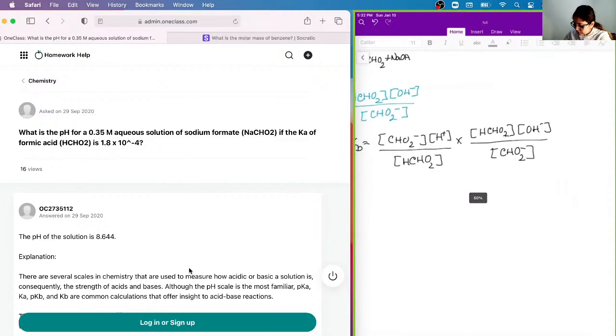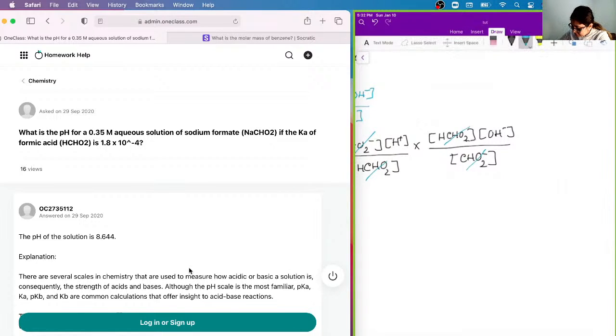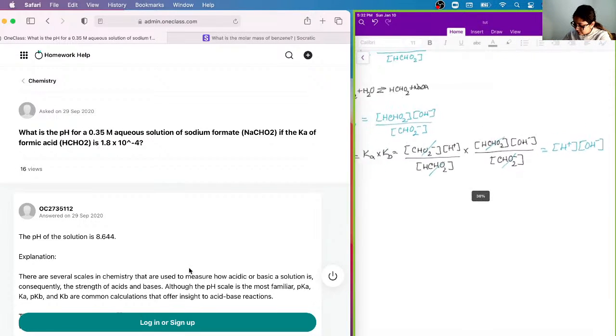So we can see if we multiply this, we can cancel out this, and this. And so what we're left with is our H plus concentration times our OH minus concentration. And this is what your Kw should give you.